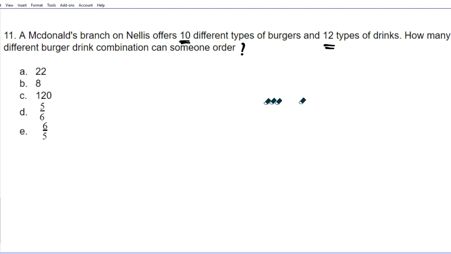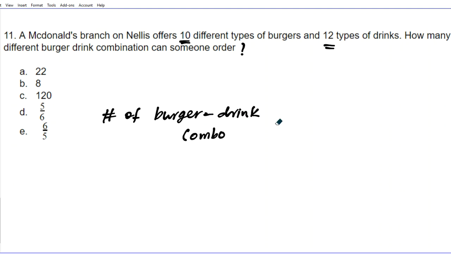Okay, so the number of burger drink combinations is just simply a product of the number of different ways you can select burgers multiplied by the number of different ways you can select drinks.